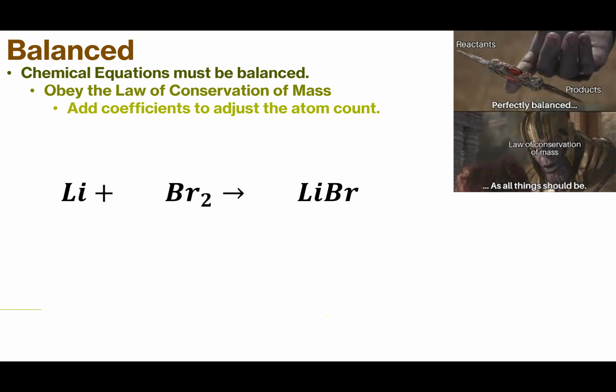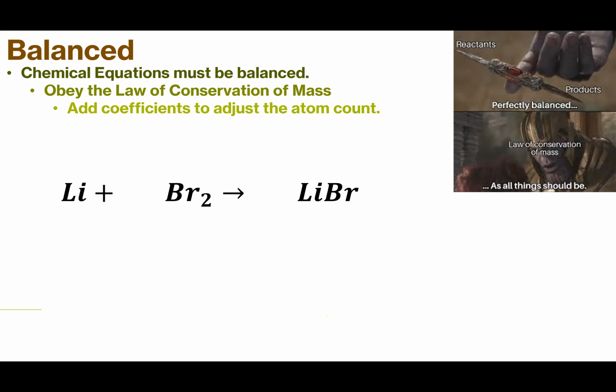Or we can say that as you're doing a chemical reaction, the total mass stays the same. The way we make sure this is true when we write our equations is that the same number of atoms that went into the reaction have to equal the number of atoms that come out of the reaction. And this has to be true for each element.